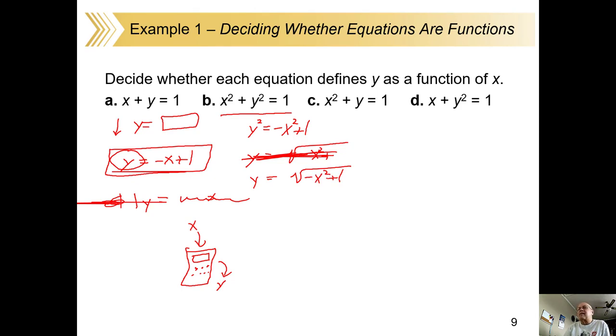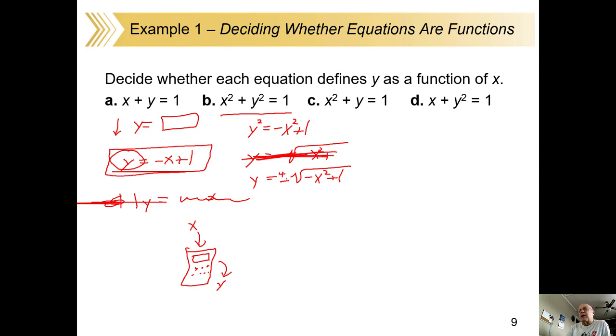Looks like we're done, except for one thing. Whatever this number is, if this is a 7, for example, to get the y squared up here, we could have had a negative 7 there. So when we take the square root, we have to remember that there are two possible answers here.